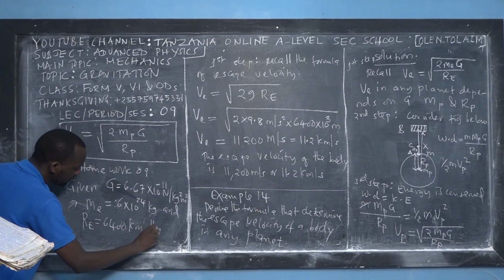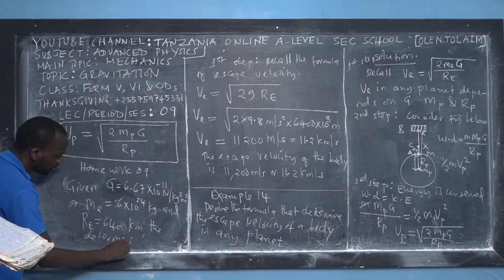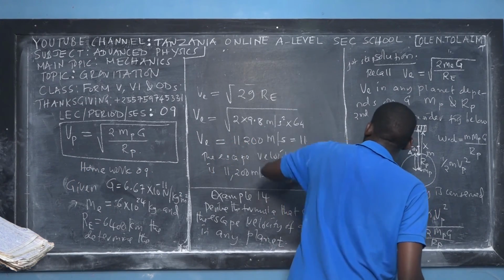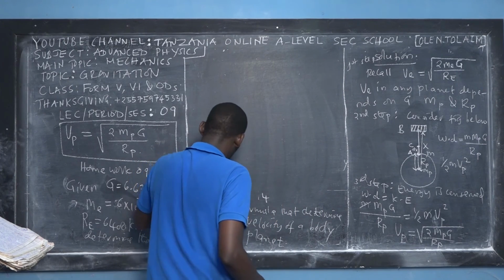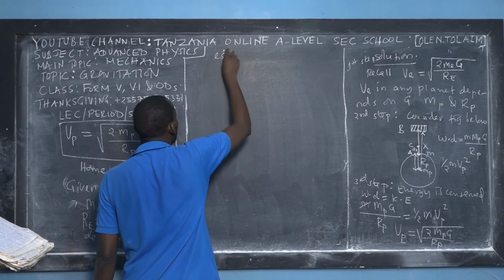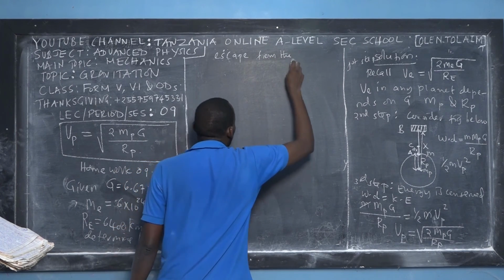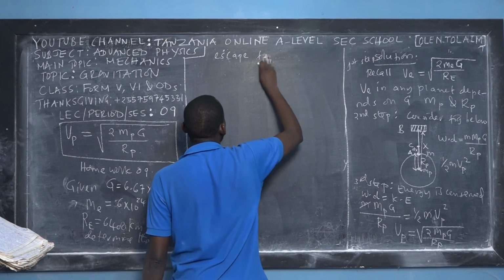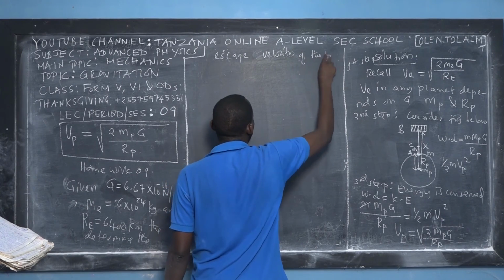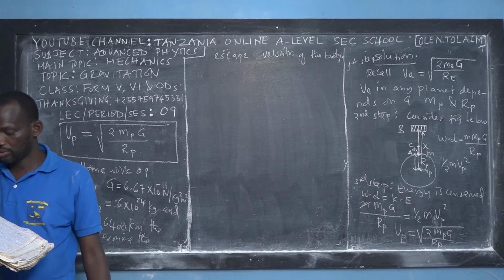Then determine the escape velocity of the body from the Earth's surface. So that's the question. Very simple question compared to the other homeworks that I have left for you.